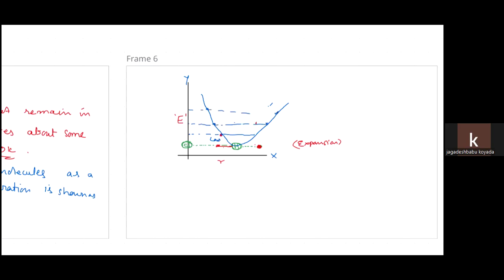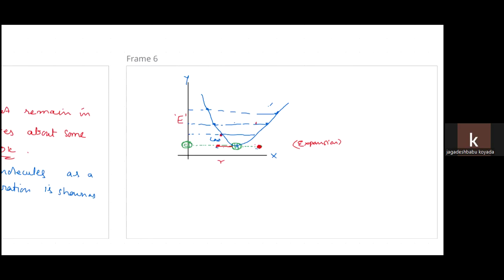Suppose on expansion, it tries to come back to the original position. Before that, it comes closer to the chlorine nucleus, then comes back to the original position. It behaves like a simple pendulum.